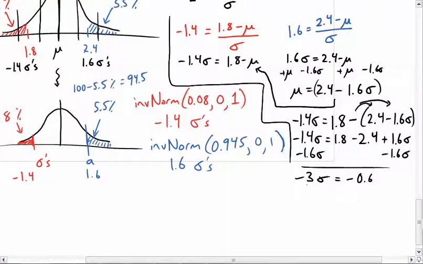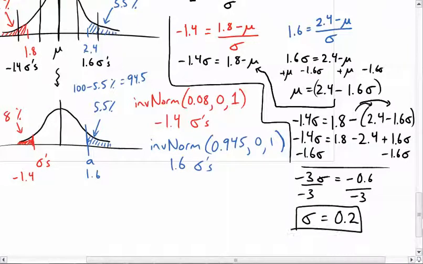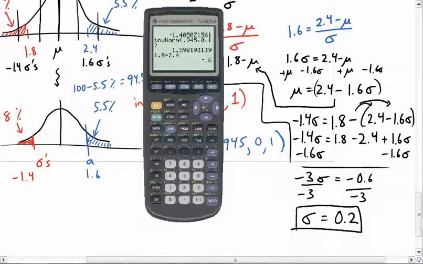So dividing both sides by negative 3, I get sigma is 0.2.